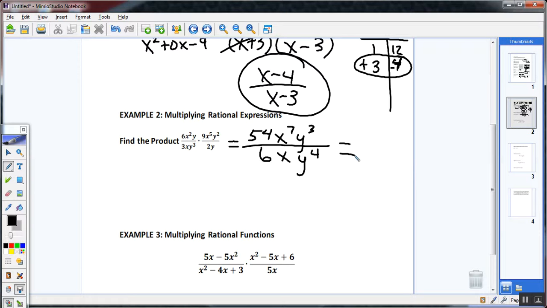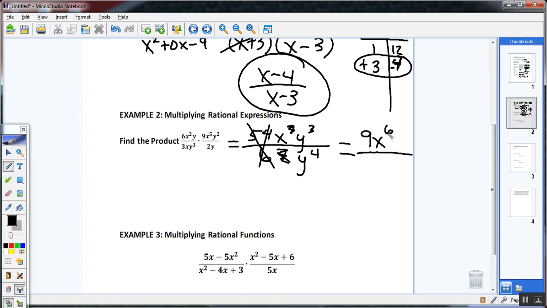Would the 9 stay up top or go on the bottom? Okay, this is 9. Are there more x's up top or in the bottom, kids? How many more x's are up top than in the bottom? So this 1x is going to make this exponent of 7 a what? So this becomes x to the 6th.